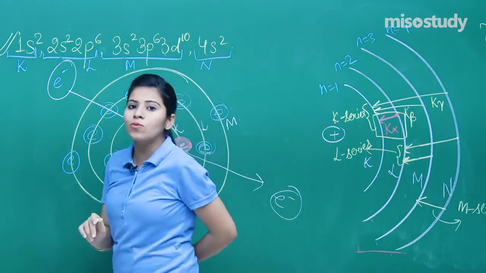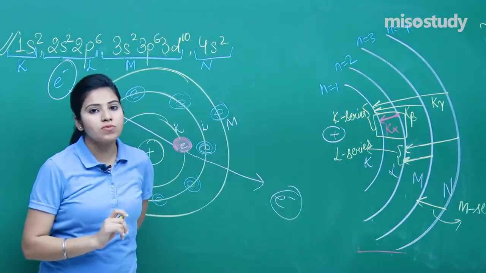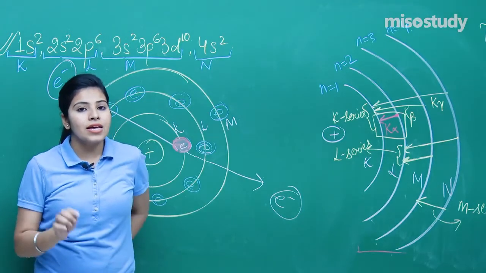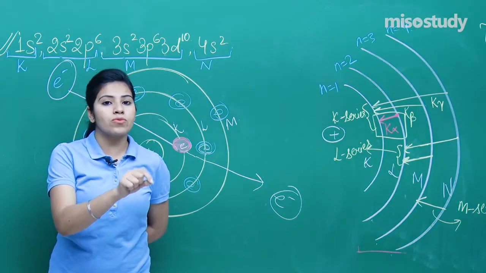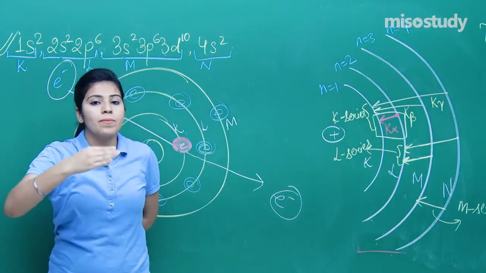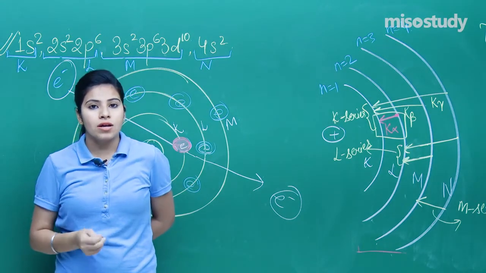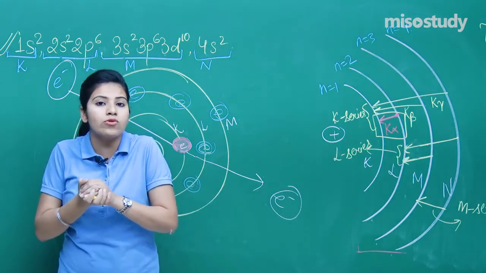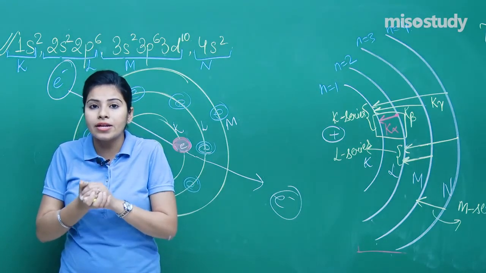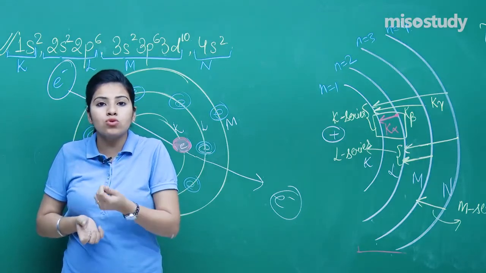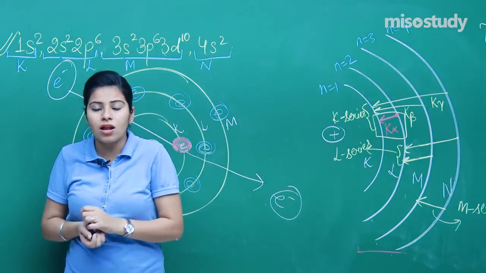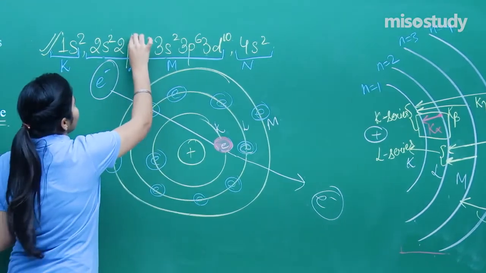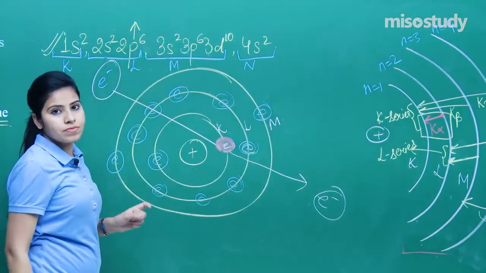So let me just tell you, my dear friend, if you know the concept of the Aufbau principle in your chemistry, the electron is going to be removed from that shell which is far away from the nucleus, because the shell closer to the nucleus will have lower energy. That means if we want to remove the electron, it must be removed from the shell far away from the nucleus. So the electron must be removed from here.